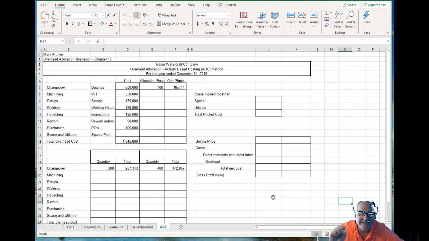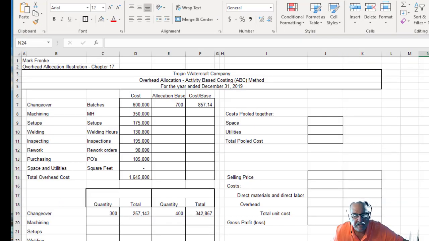We're going to do the exact same thing, except now we have, instead of one calculation in the Plantwide and 3 calculations in the Departmental, we're going to have 1, 2, 3, 4, 5, 6, 7, 8, and theoretically we should have 9, but because both space and utilities use square footage as their allocation base, we can pool these together.